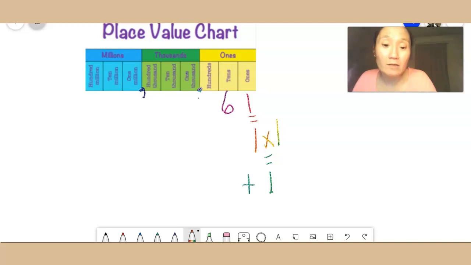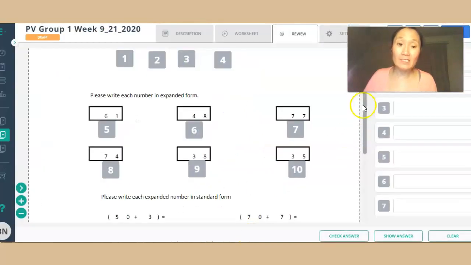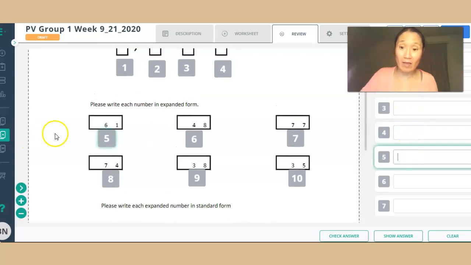Plus, I have 6 $10 bills, so I have 6 groups of 10, which equals 60, because 6 times 1 is 6. Add the 0. So my expanded form for this number, on number 5, if I click there, because it highlights, do you see that? Will be 60 plus 1.